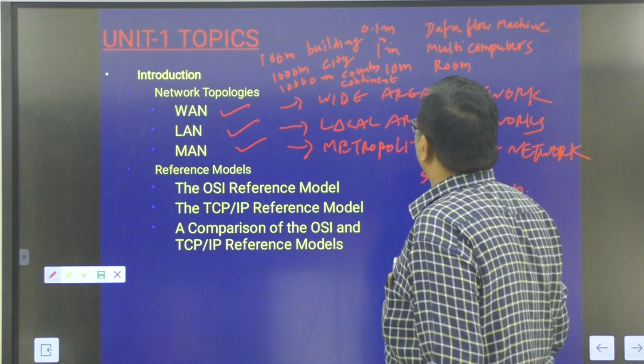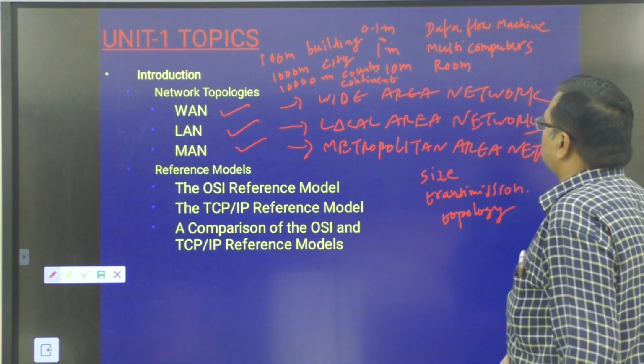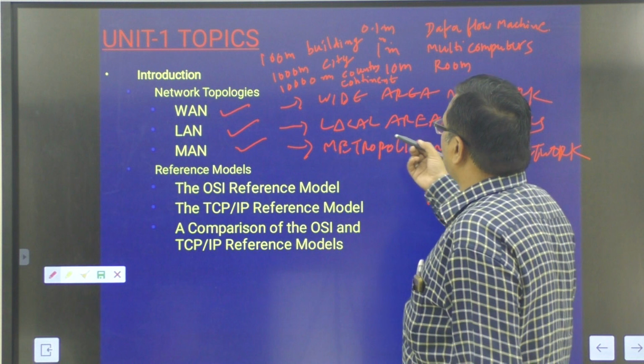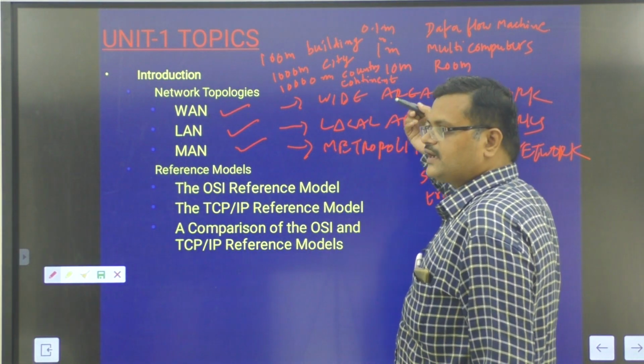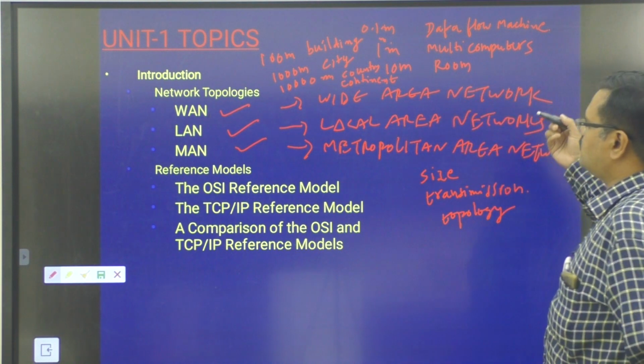So if it is 0.1 meter, 1 meter, 10 meters room, 100 meters building, 1000 meters city, 10,000 meters country and continent.